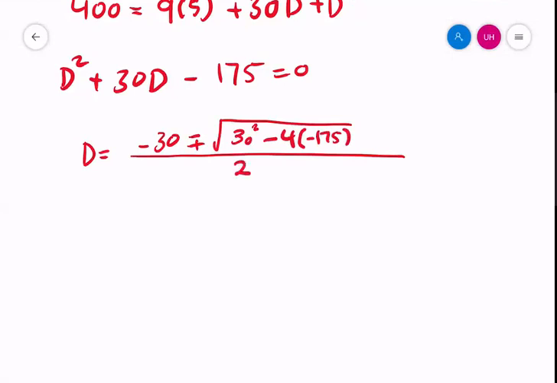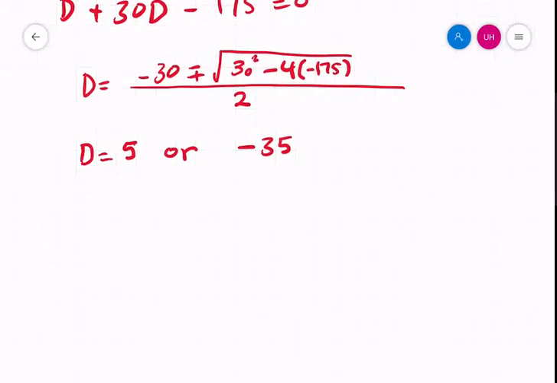After you solve this one, you should get d equals either 5 or minus 35. So we have two values in this case.